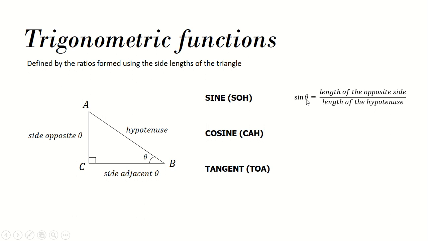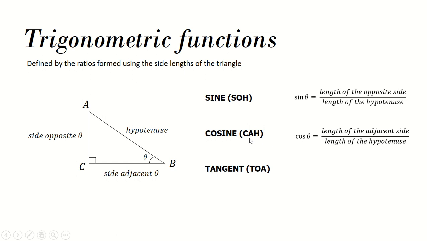For the sine function, the sine of the angle would be the ratio between the length of the opposite side, meaning this side AC, divided by the length of the hypotenuse, meaning side AB. That is why your mnemonic device is S for sine, O for opposite, and H for hypotenuse. Cosine function of the angle would be adjacent over hypotenuse.